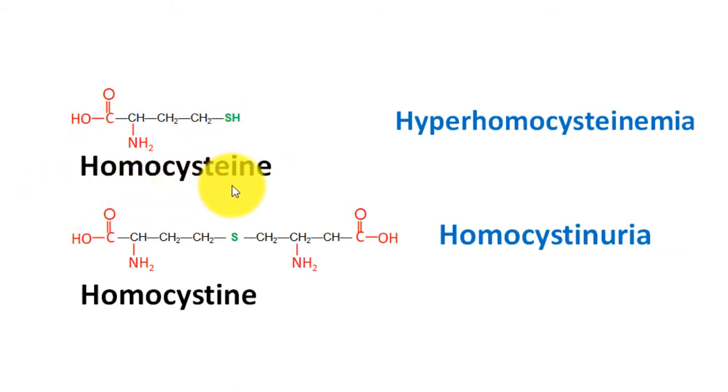Homocystine is made up of a dimer of homocysteine, and it appears in urine because it has two carboxy groups and is more soluble, and that is why it is homocystinuria. Homocysteine is measured in blood, and this is called hyperhomocysteinemia. The spelling is different, and with the spelling the molecule is also different. One is a monomer, the other is a dimer.